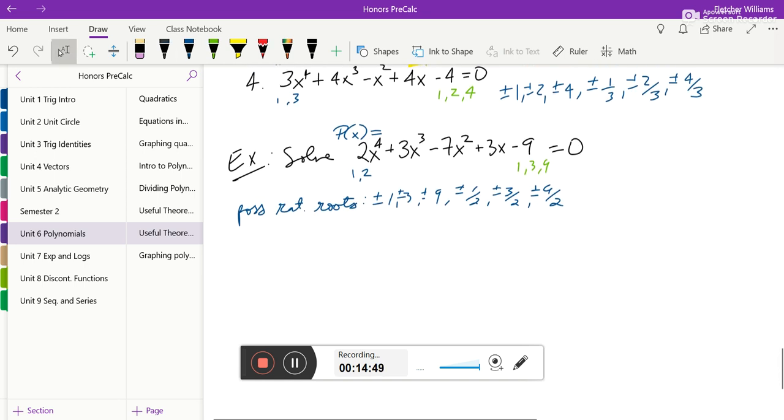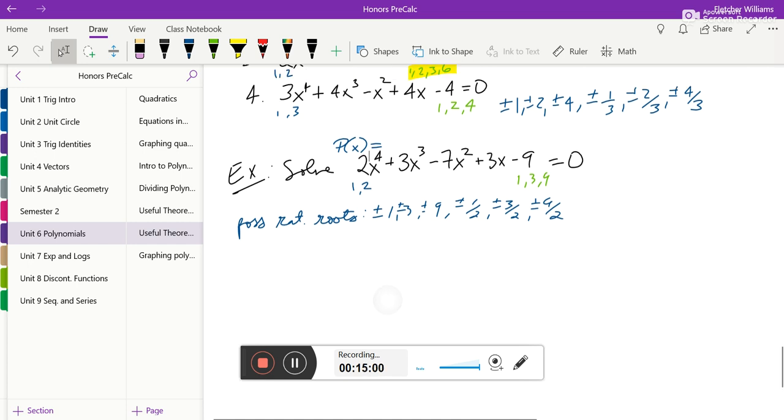Okay, so here we have 12 possible roots to choose from. So let's start with the easiest ones first. Don't jump to the fractions. Let's try things like 1 and -1 to see if those will give us any success. And by the way, you don't need to jump to synthetic substitution for things like plugging in 1. 1 is really easy to just substitute like normal. 2 plus 3 minus 7 plus 3 minus 9.